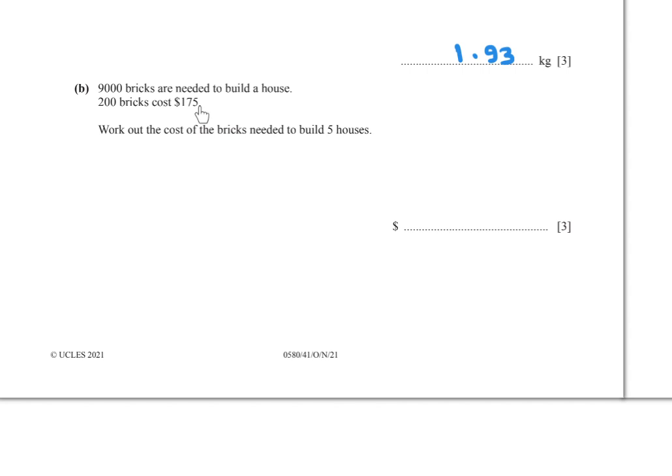B. 9,000 bricks are needed to build a house. 200 bricks cost $175. Work out the cost of the bricks needed to build 5 houses. We can find the cost for one house, then multiply by 5. You can say that 200 cost $175. So 9,000 cost how much?